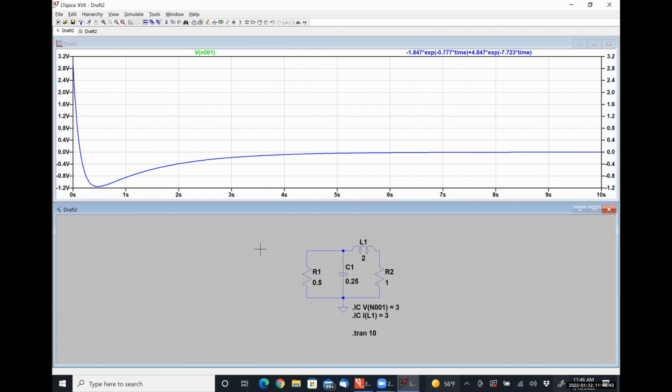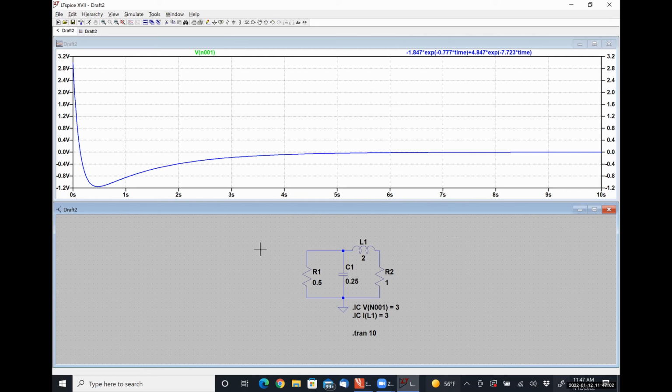Because that's at t is equal to 0 minus, it's just a DC circuit. So LTspice will interpret all of the inductors as short circuits, all the capacitors as open circuits, and then it'll do the analysis for you to figure out what VC is and what IL is. So you can check your answers there.